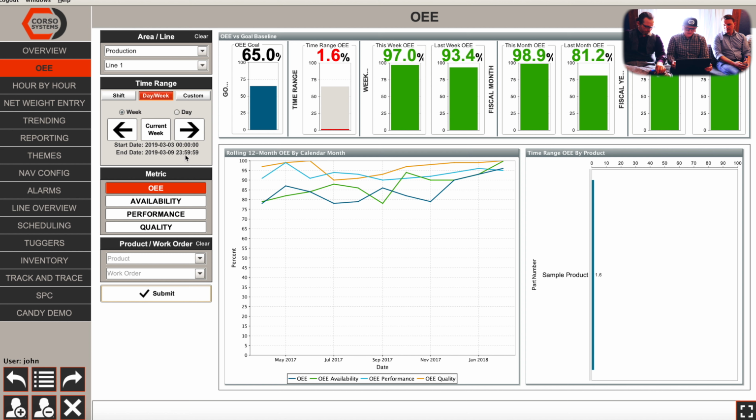They want to be able to hit this amount of efficiency within production. And then from here, we can compare the current time range we have selected, or any of these different time buckets, if you will, to that goal. And this is just a very high-level view of what OEE is.